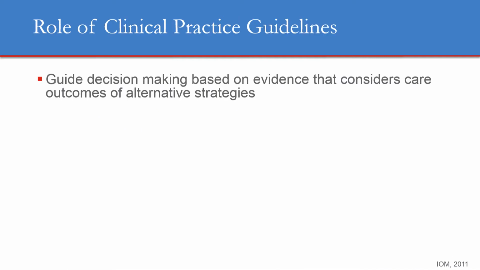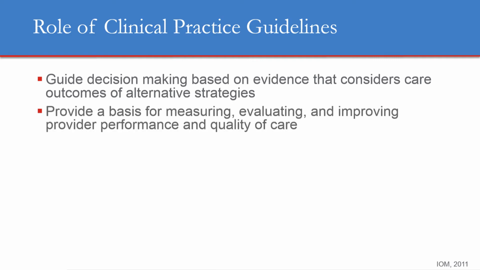To achieve its ultimate goal of improving healthcare outcomes, clinical practice guidelines can guide decision-making based on evidence that considers care outcomes of alternative strategies, can provide a basis for measuring, evaluating, and improving provider performance and quality of care.